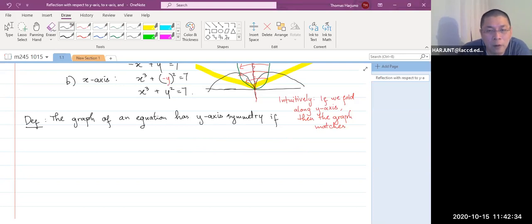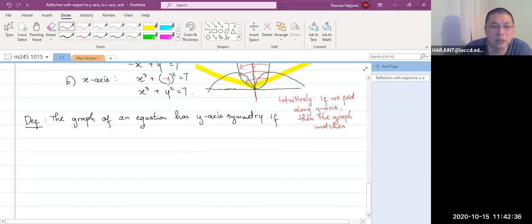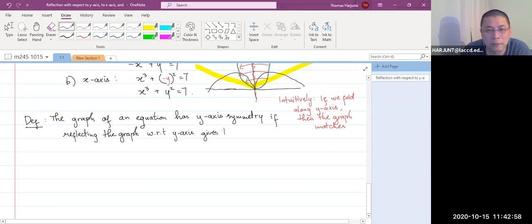The graph of an equation has y-axis symmetry if reflecting the graph with respect to the y-axis gives the same graph.